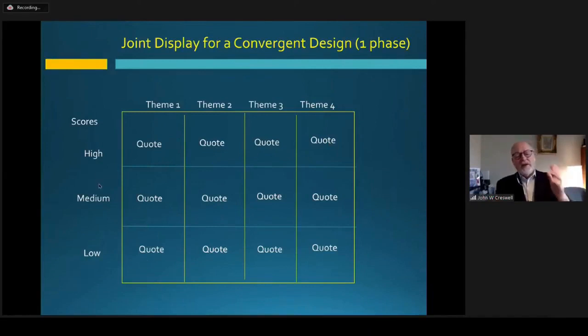How did the high, medium, and low scoring people differ in terms of how they talked about theme one? And we can look down the column here. So this table gives us the opportunity to actually look across the two databases and draw some insights.